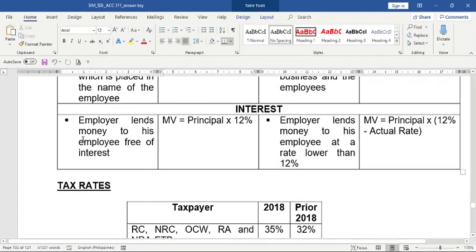And then for the interest, if the employer lends money to his employee free of interest, principal times 12%. If the employer lends money to his employee at a rate lower than 12%, principal times 12% minus actual rate. Kasi ito isa free for interest 12%. Kung na-ay interest lower than 12, i-minus yung actual rate.